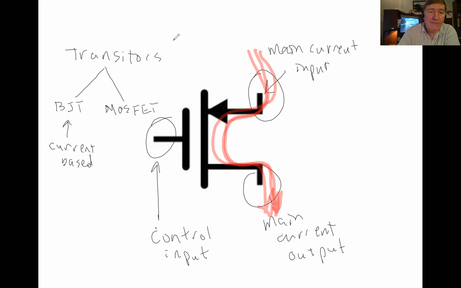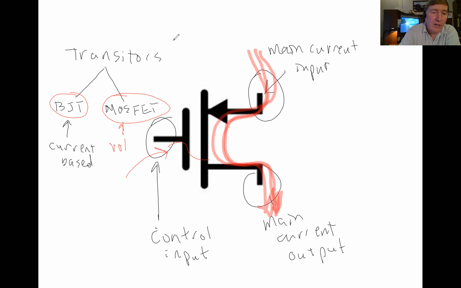So if the transistor is a BJT, we have to actually send current into the transistor in order to turn it on. If, on the other hand, it's in the different family of transistors, the family that's called MOSFETs, those are not current-based.